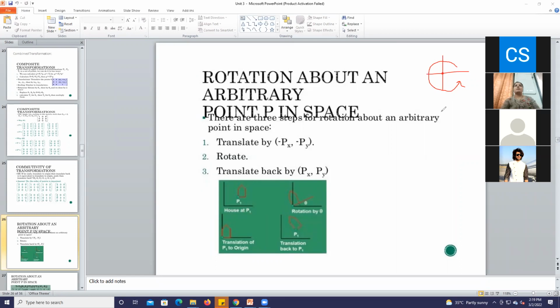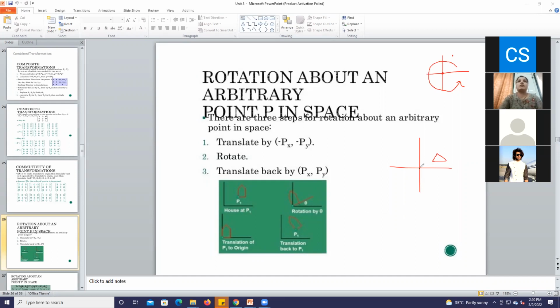But now if I want to do it about a point other than the origin, with respect to this point I want to carry out the rotation, then how will it come? So that is done with the help of combined transformation. For example, I will show you the difference between rotation with respect to origin and rotation about any arbitrary point.